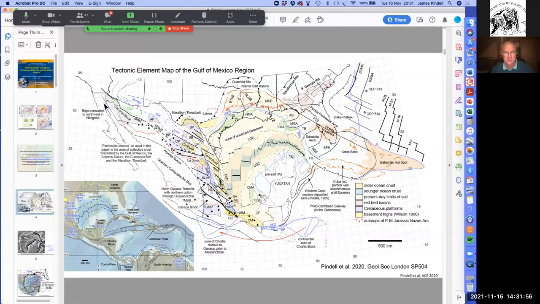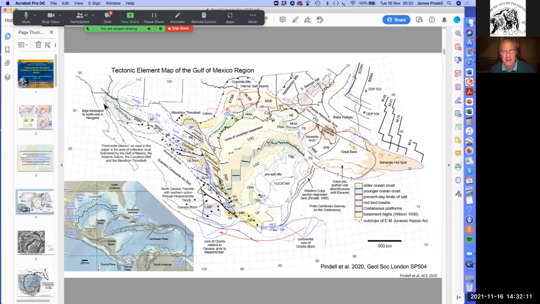And then the eastern part, with all the colors and the faults, this is all continental crust. And the faults all tend to be northwest, southeast, and they isolate basement highs, which all have different names. This one's Coahuila, here's Tamaulipas, this is Tuxpan, there's another one in here, Santa Ana.